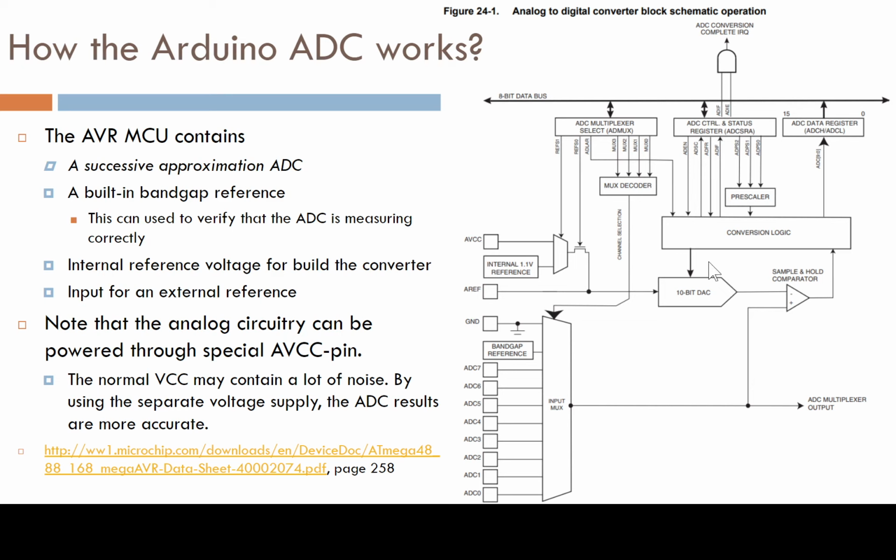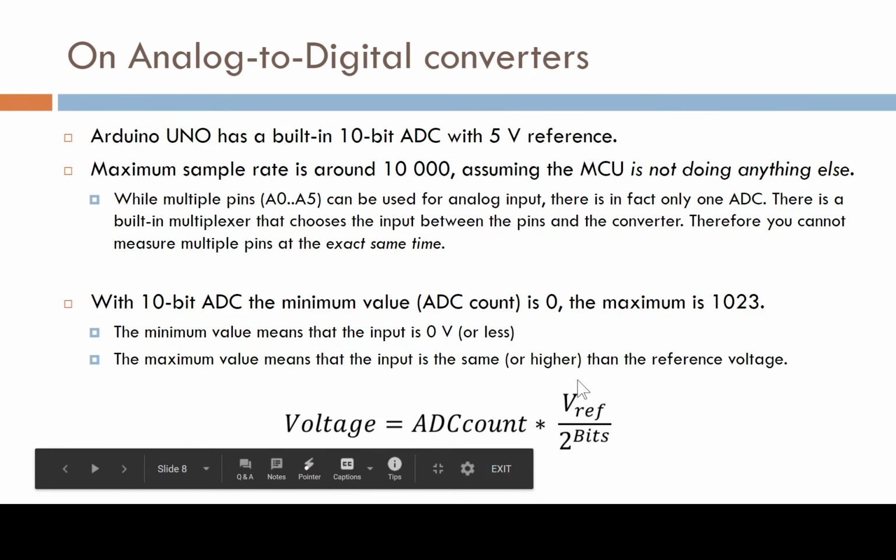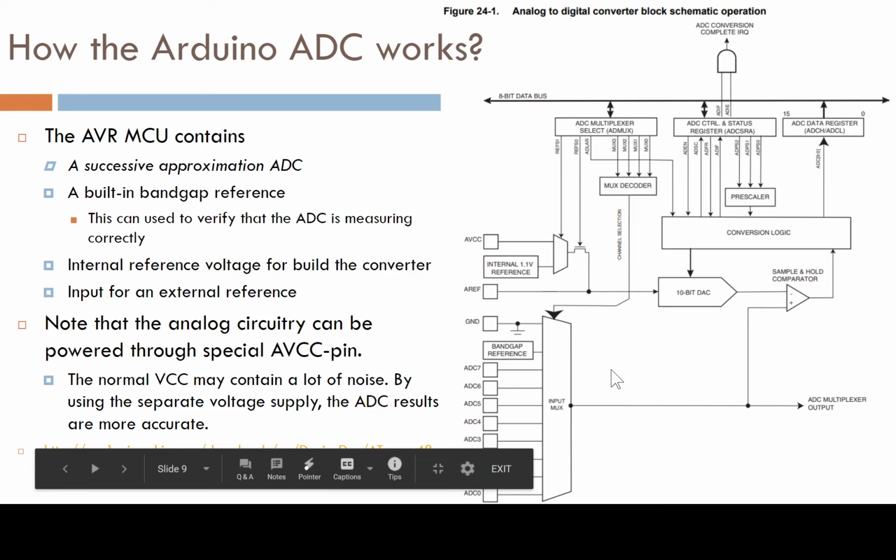So we have that 10-bit D to A converter, which has a reference voltage for it, and conversion logic here, which is holding our guess. Then there's sample and hold and comparator. Sample and hold means that when you have the input on one of those pins, input multiplexer, then it takes the signal to a comparator.